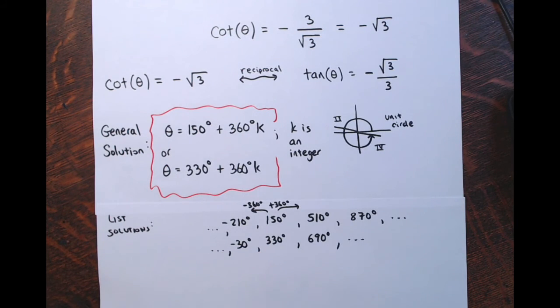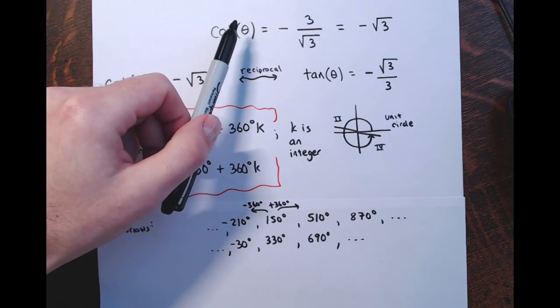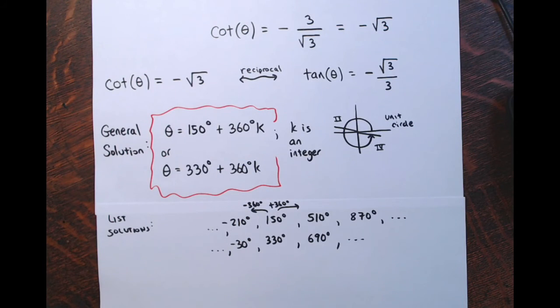And I could do this all day long. Add and subtract 360 degrees to all these solutions and get more solutions. So what I have here for you are 7 solutions listed to this equation, but they don't want 7 solutions. They want the solutions that are from 0 degrees to 360 degrees.